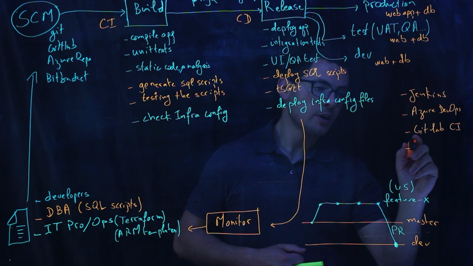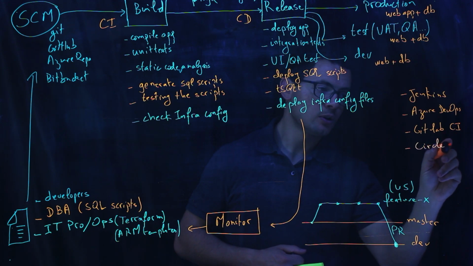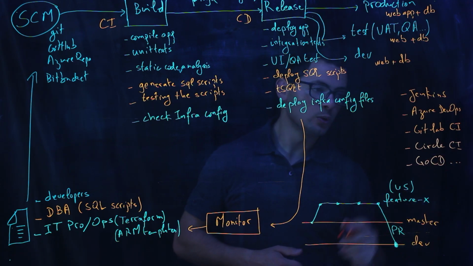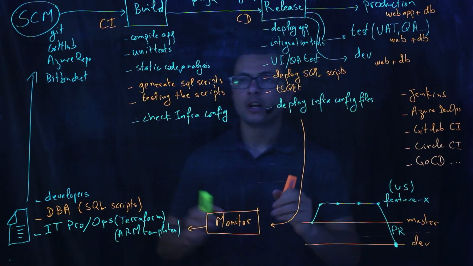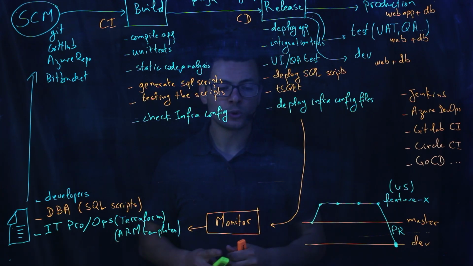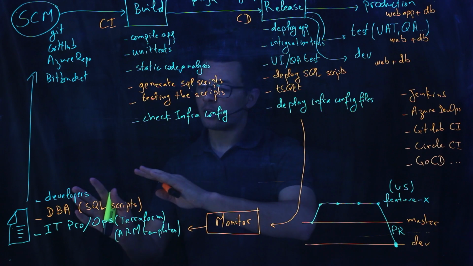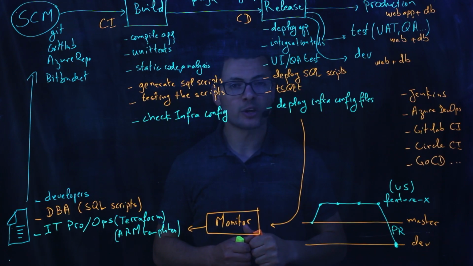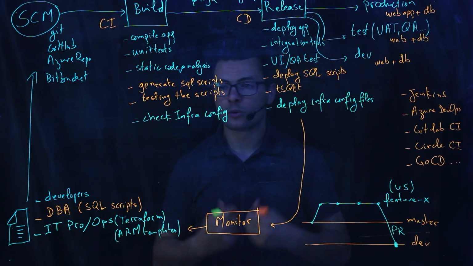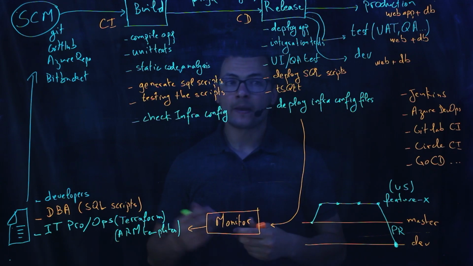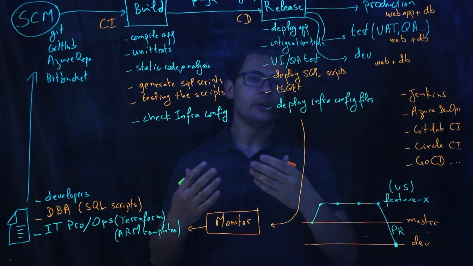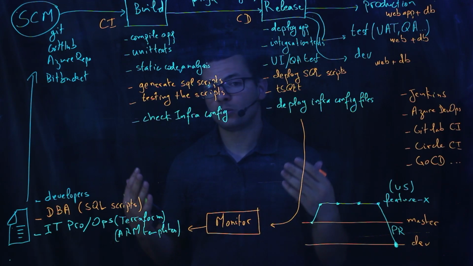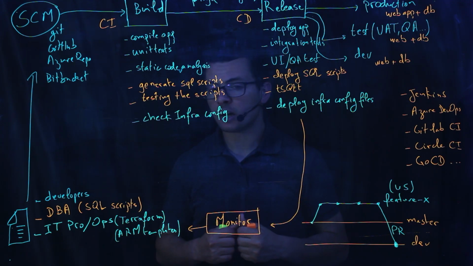We have some other tools like Circle CI, GoCD, and many others that could be used to implement these CI/CD pipelines in order to create a process where the application's source code goes through it before going to the production environment, so that we make sure everything is automated using those different scripts. We will also be more confident when we deploy the application. We are not depending on the developers' machines.